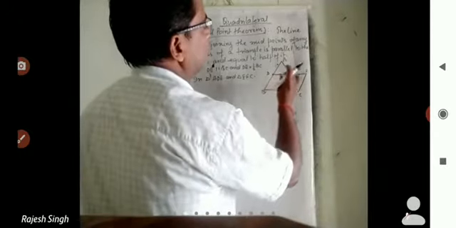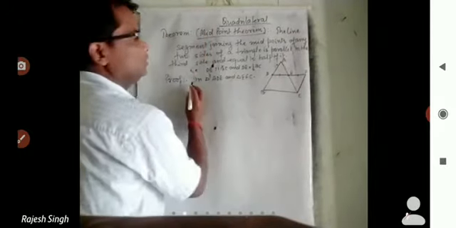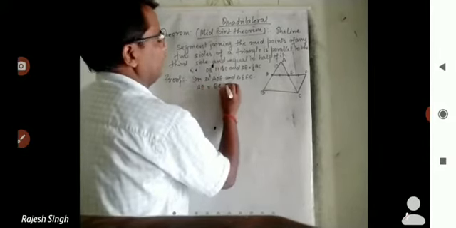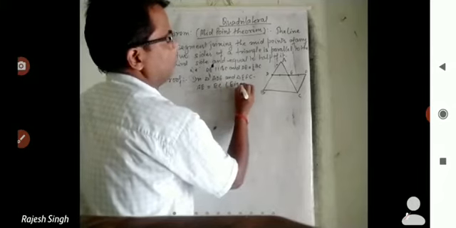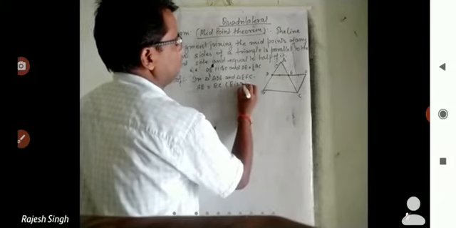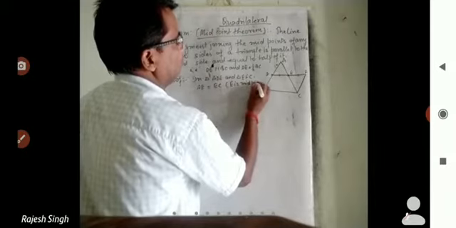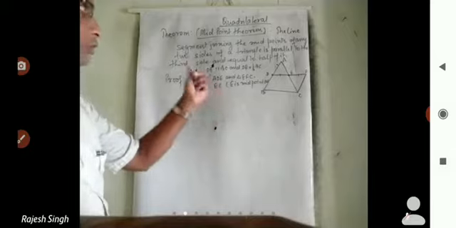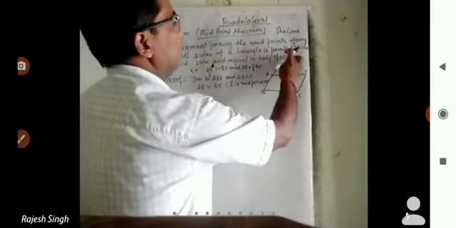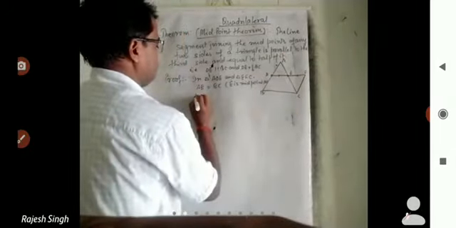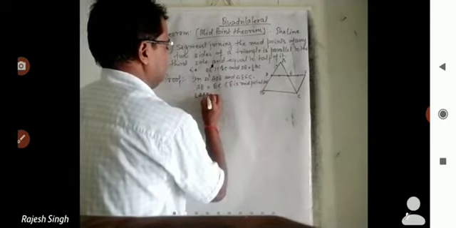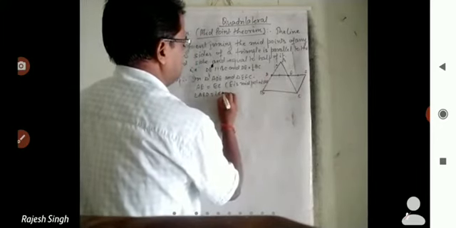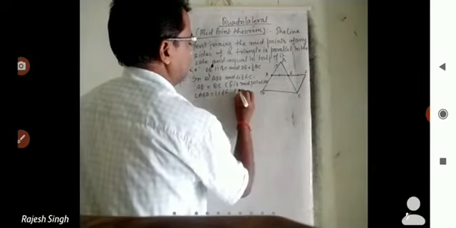you see all of you, AE is equal to EC. Why? E is the midpoint of AC. That's why AE is equal to EC. Again, angle AED is equal to angle CEF, by which?